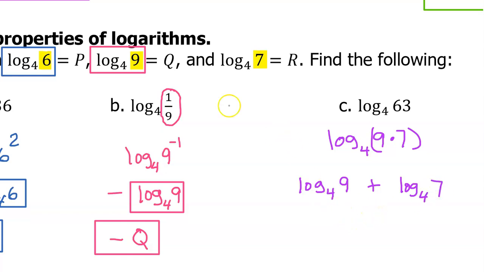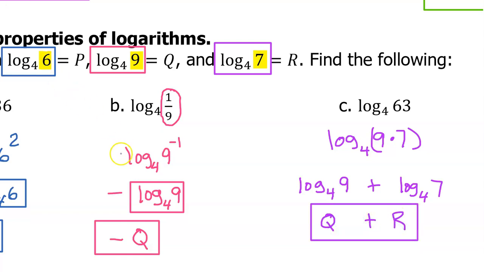Correct. Both of these things are things that we have been given as letters. So what will you put for your final answer? So this is just Q plus R. Kabam.